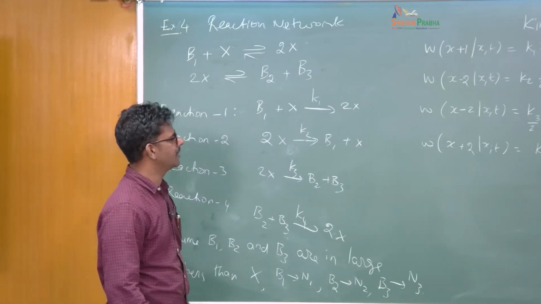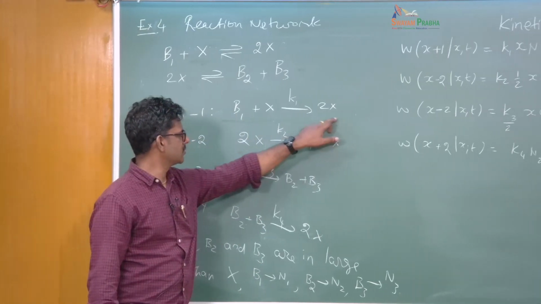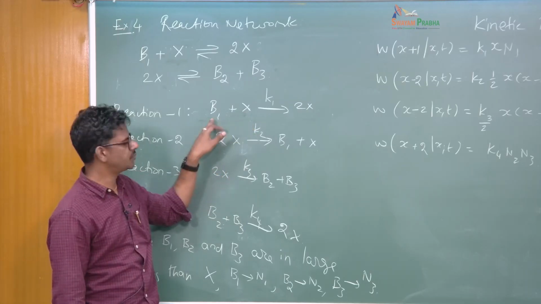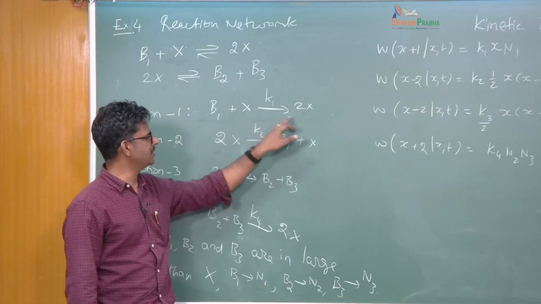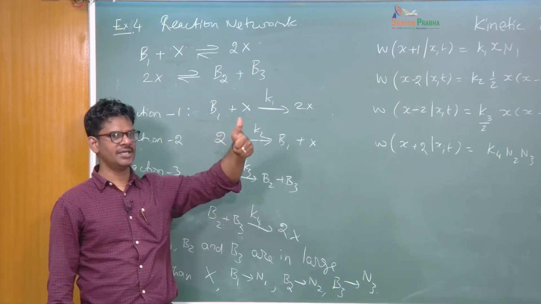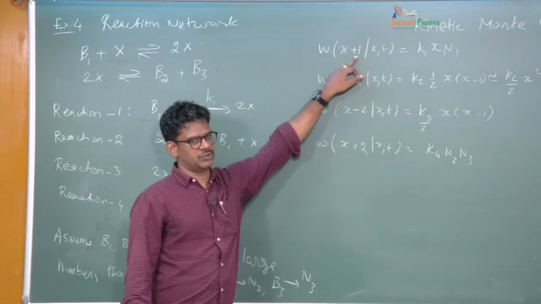So with that you can see the first reaction, this one. One molecule of X combines with B1 and you get 2X. So when this reaction happens, we generate one additional X molecule. So the nu here is +1.